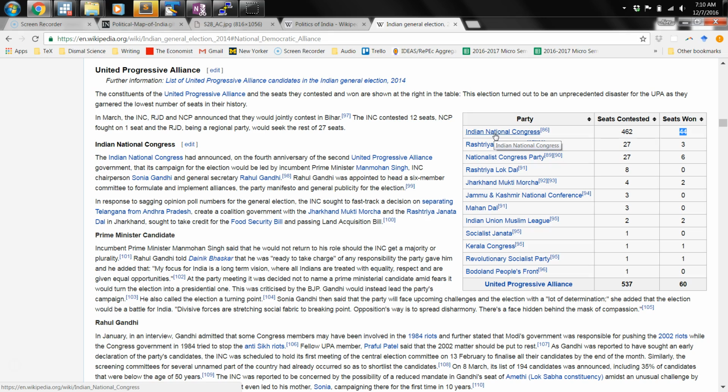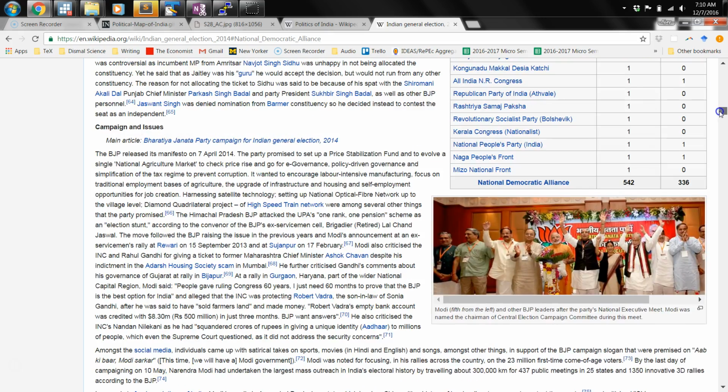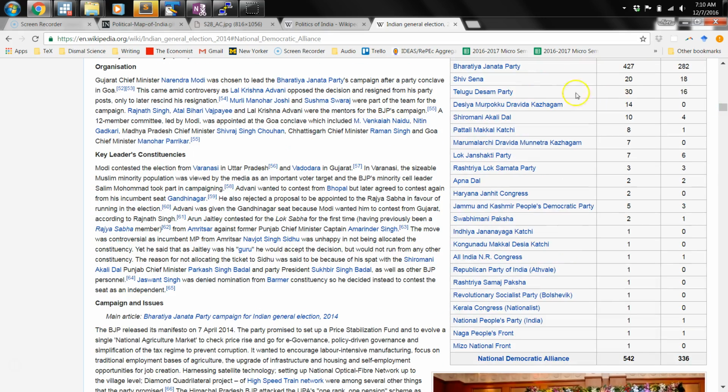Its main rival, which in the most recent elections basically trounced it, is the BJP, the Bharatiya Janata Party. This party actually arose relatively recently. Only in the past 20 or 30 years did this party come into existence and start to really become powerful. This is often thought of as the Hindu Nationalist Party. And so a lot of times it will run on a platform of Hindu power, Hindus first.